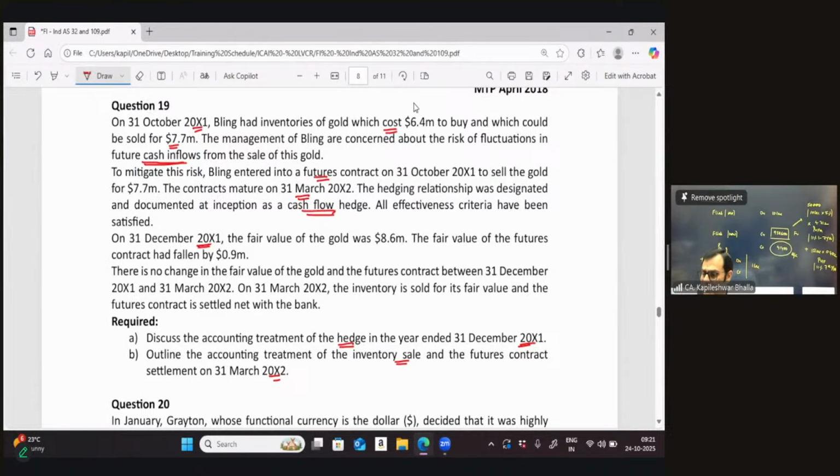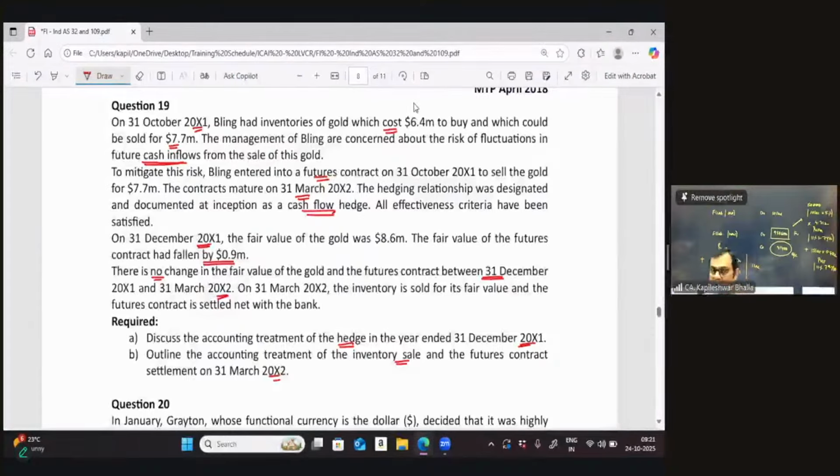Then it says at the balance sheet date on December X1, the fair value of the gold is 8.6 million and the fair value of the futures has fallen by 0.9 million. So the fair value movements of the gold, which is the hedged item, and of the derivative are all given. There is no change in the fair value of the gold and the futures contract between 31st December and 31st March X2.